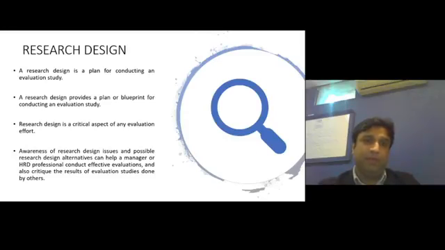A research design provides a plan or a blueprint for conducting an evaluation study. Research design is a critical aspect of any evaluation effort because awareness of research design issues and possible research design alternatives can help a manager or HRD professional conduct effective evaluation, and also critique the results of evaluation studies done by others.